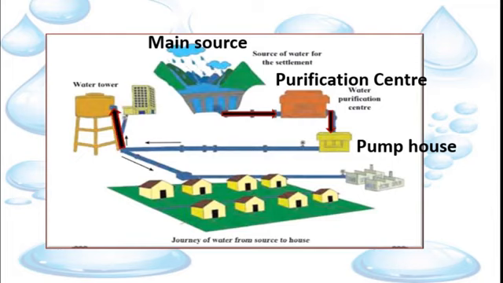Here we store the water, and afterwards this water is supplied to different areas through the pipelines, and because of gravity, the water runs downwards. See this, the pipelines, and from this all the areas in the cities get water.